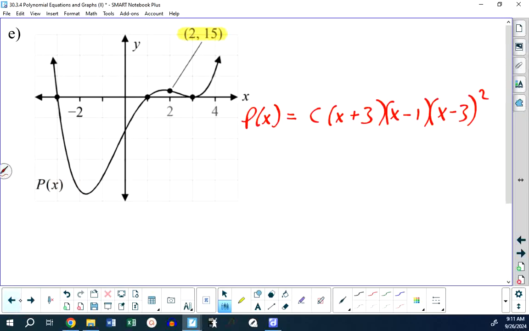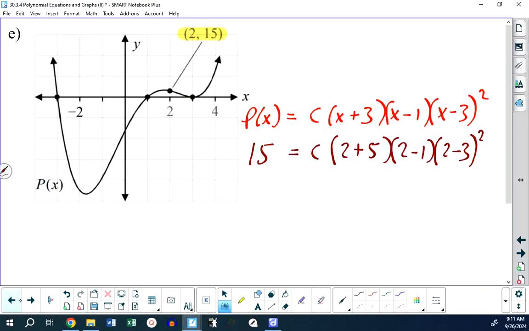We're going to put 15 in for y, 2 in for x. I think I wrote 5 because I was already thinking 2 plus 3 is 5. So I put in 2 for x. I get c times 2 plus 3 times 2 minus 1 times 2 minus 3 quantity squared, and that equals y, which is 15.